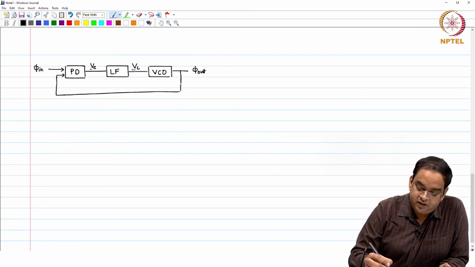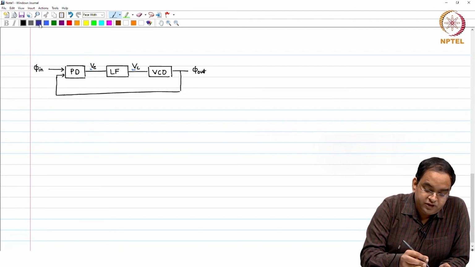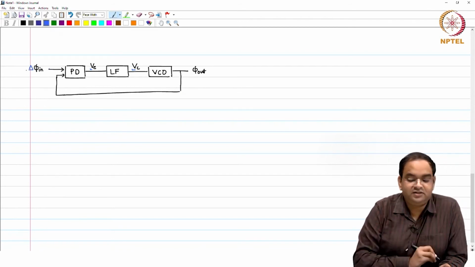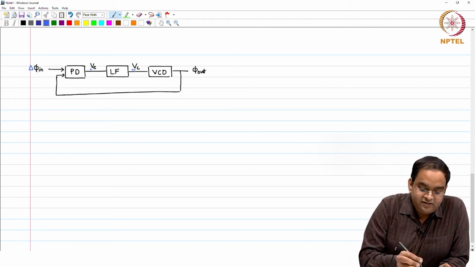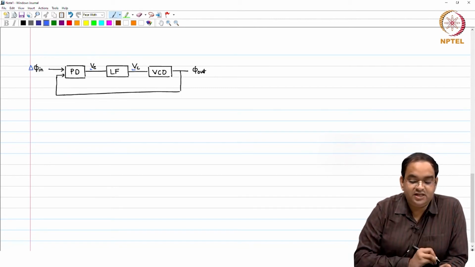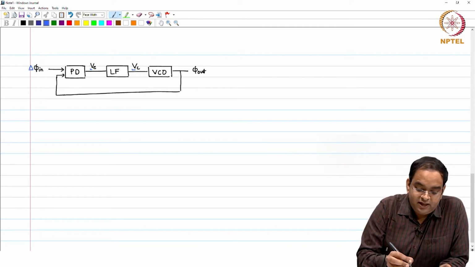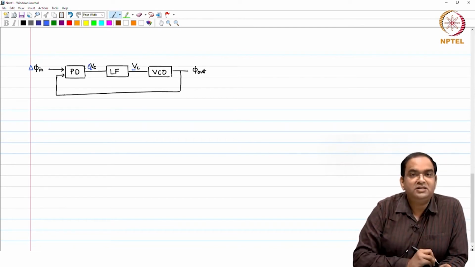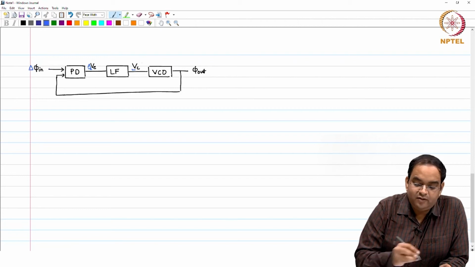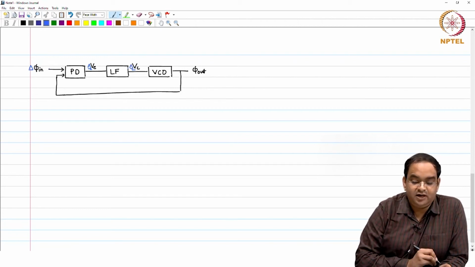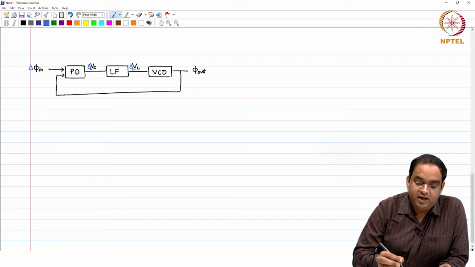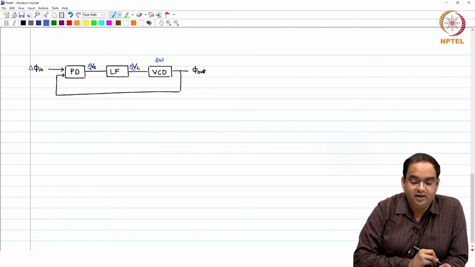So, if I change the input phase by delta phi in, just as an example, or apply any change at the input, I will get a change in the error voltage. This change will be reflected at the output of the loop filter as a control voltage, and this control voltage changes the frequency of the oscillator by delta omega.